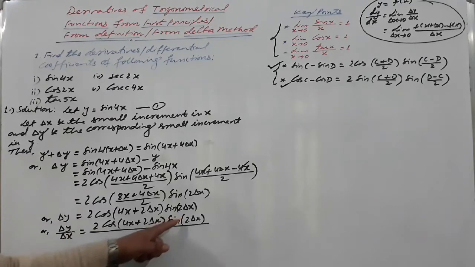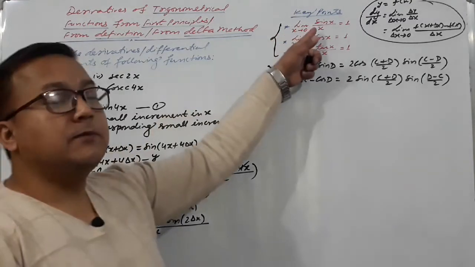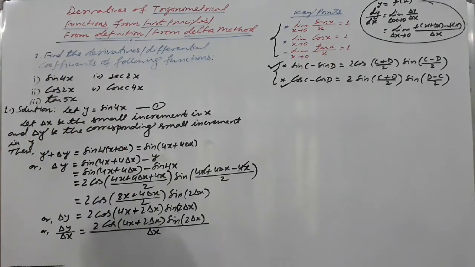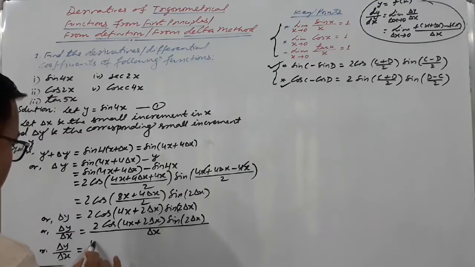For sine we have to make the form sine of x over x here, so for delta y by delta x we will do a little bit of arrangement here. Whatever arrangements we do here, you can see.